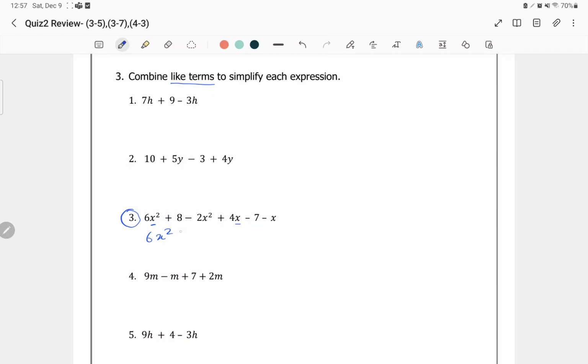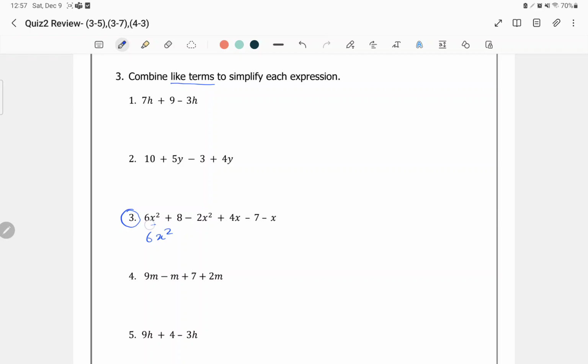So 6x square plus 6x square, and then I have minus 2x square.